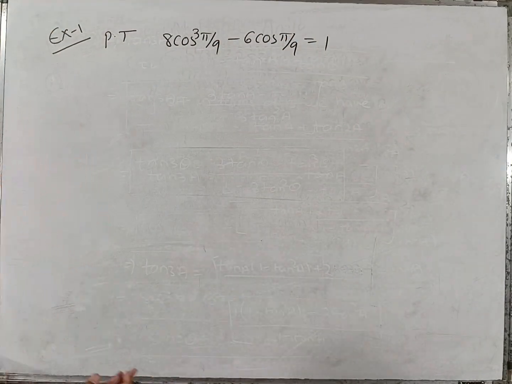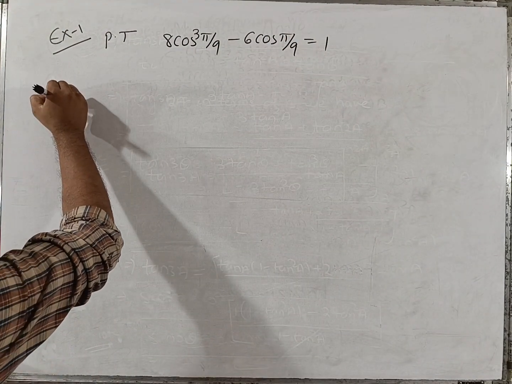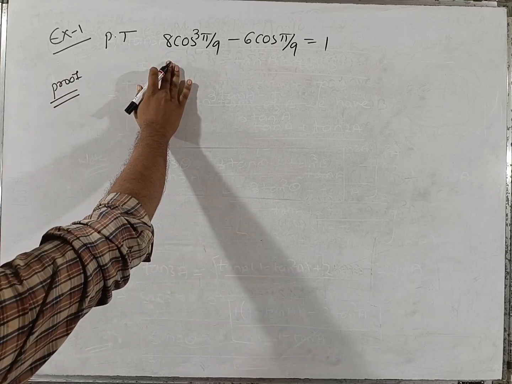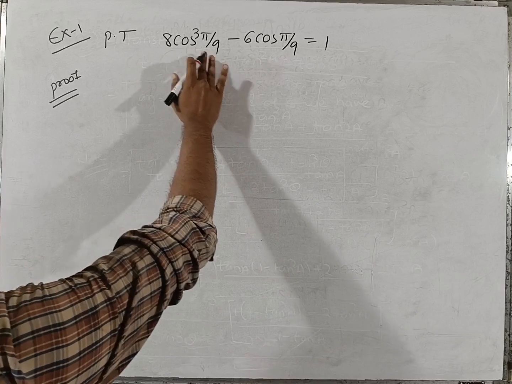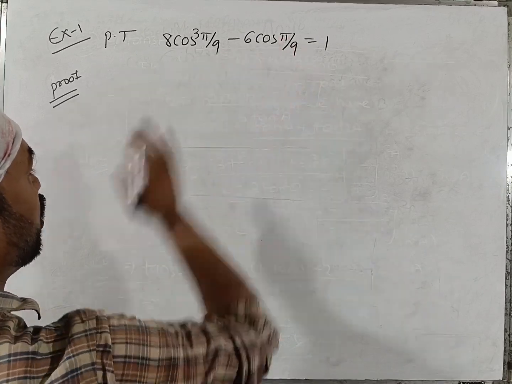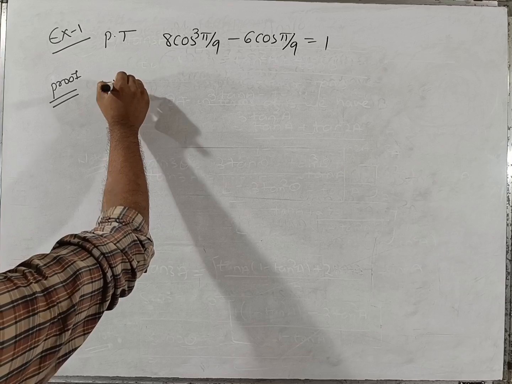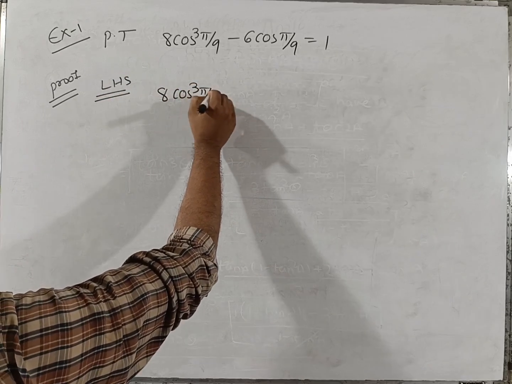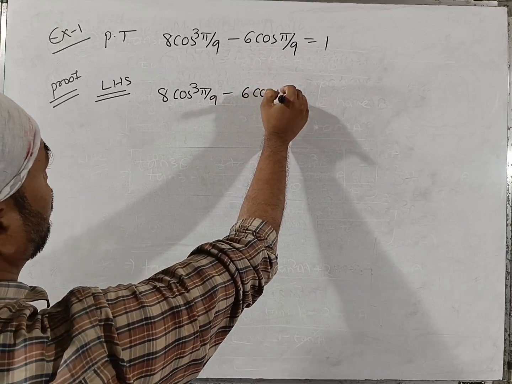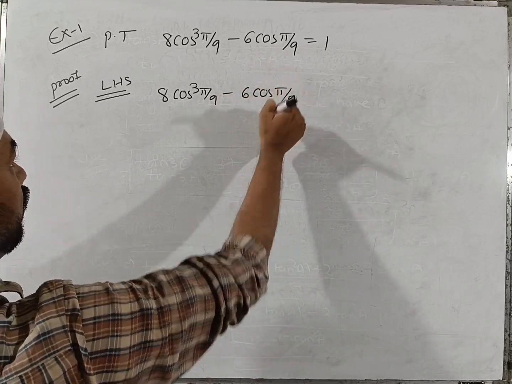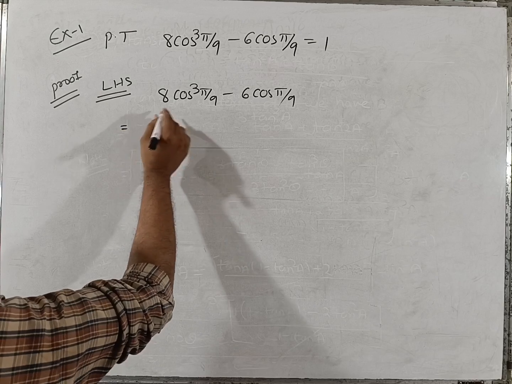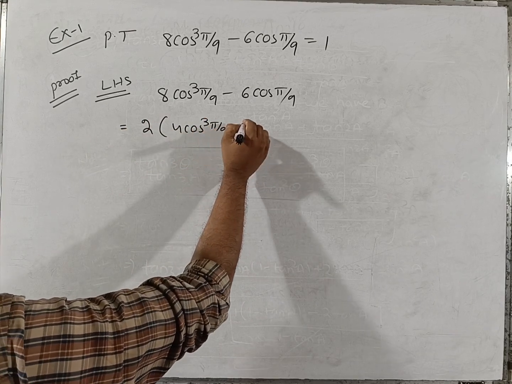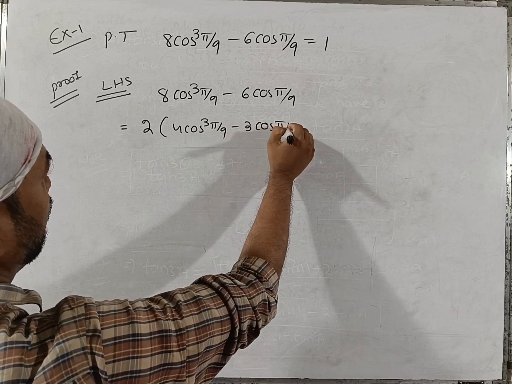So here is the first problem based upon the multiple angle. Let us go through the proof. It has been asked to prove that 8 cos cube pi by 9 minus 6 cos pi by 9 is equal to 1. So let us start from the left hand side: 8 cos cube pi by 9 minus 6 cos pi by 9. Taking 2 as common, we have 2 times 4 cos cube pi by 9 minus 3 cos pi by 9.